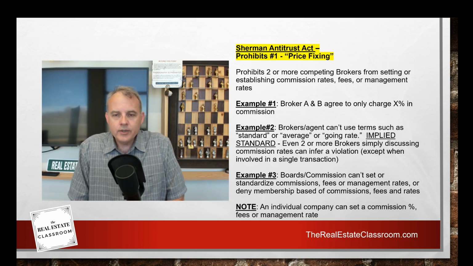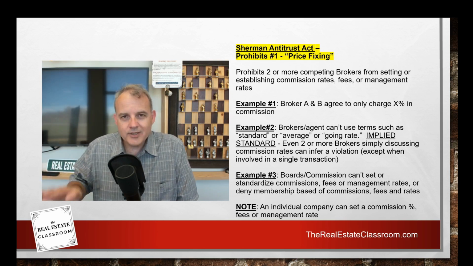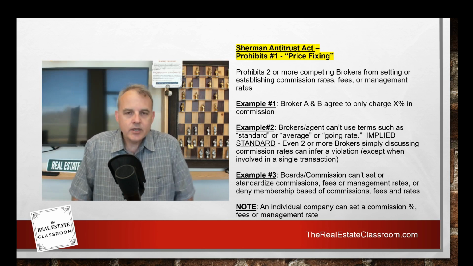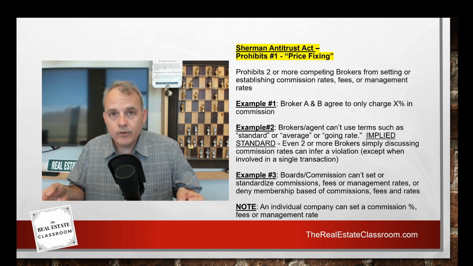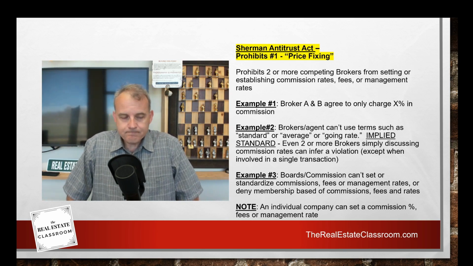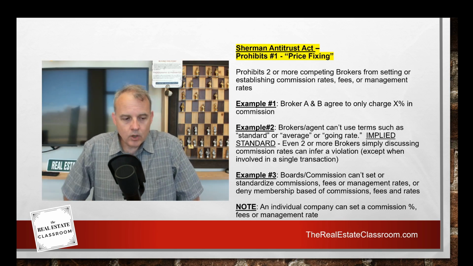Example number 2, it says brokers and/or agents. This applies to both brokers and agents. They can't use terms such as standard or average or the going rate. And what I mean by that is, let's say a listing agent goes on a listing appointment to try to get a home up for sale.